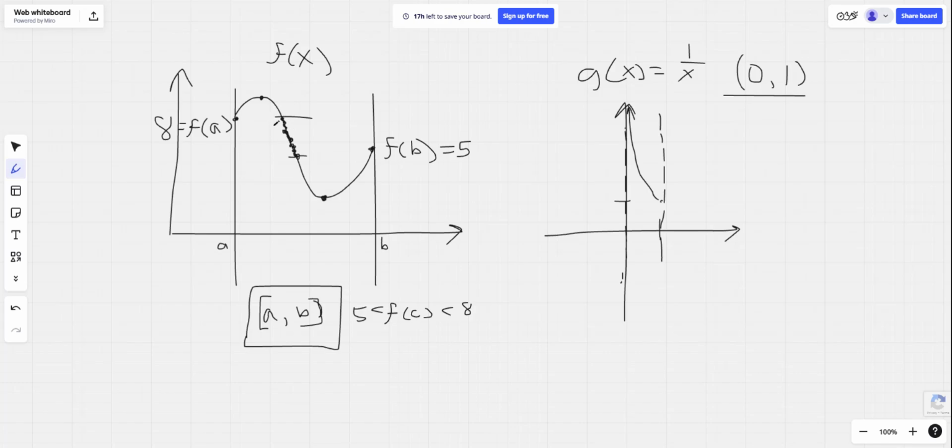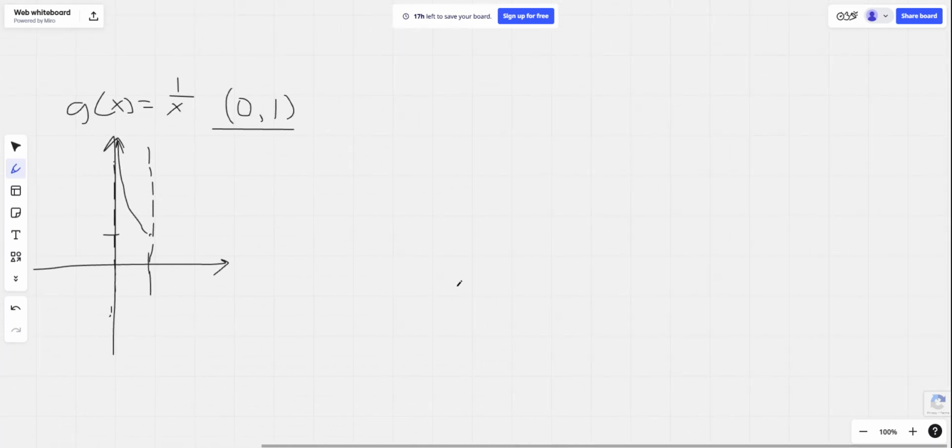So just, again, every single output of the function between the values at the endpoints is taken into account. And both theorems require a closed interval. That's super important. And that the function be continuous. That's also very important. So now that we know what the theorems are saying, let's look at an example.